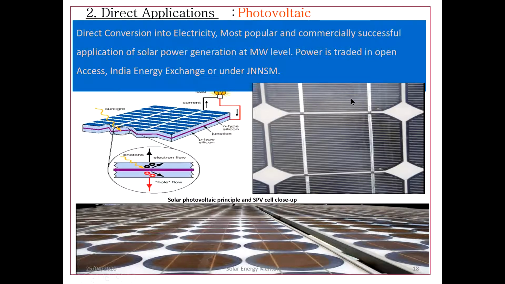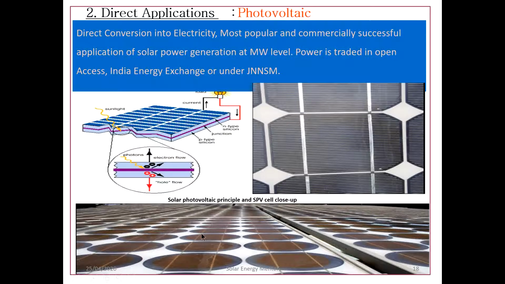So the power can be traded with the provisions of the Electricity Act 2003. Power can be traded in open access, and solar photovoltaic can very well make use of that. So a megawatt level solar power plant can trade the power in open access. They can sell the power directly to the private players.